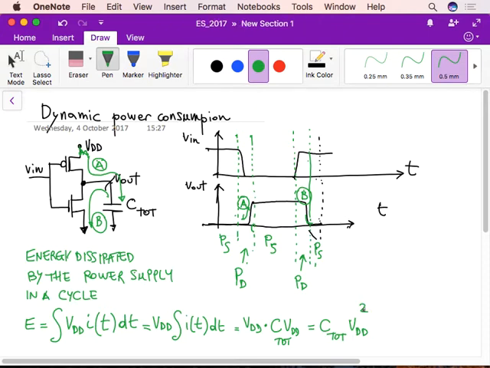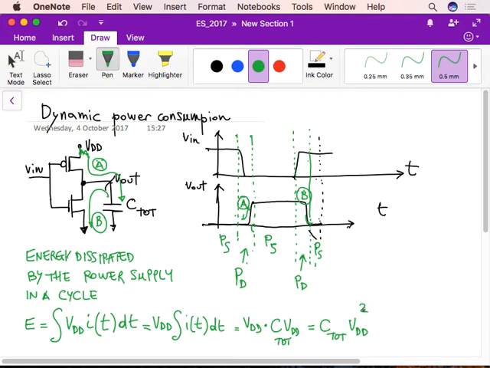And this is the total energy dynamically dissipated. So let's assume that we have a cycle every clock phase. So you can simply assume that the average dynamic power consumption is the energy dissipated in a cycle divided by the time duration of a cycle.